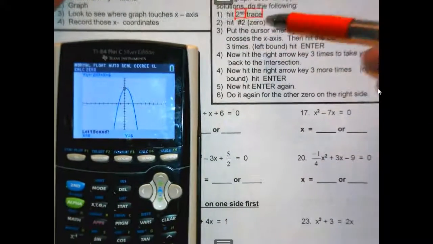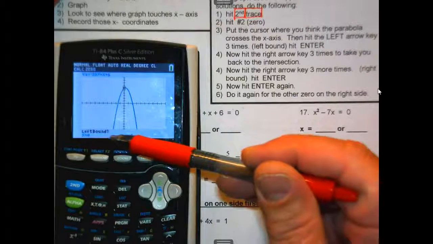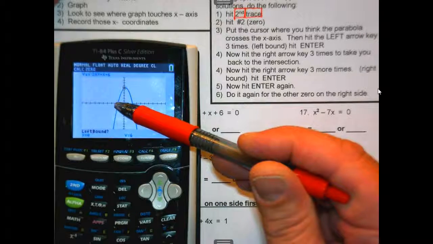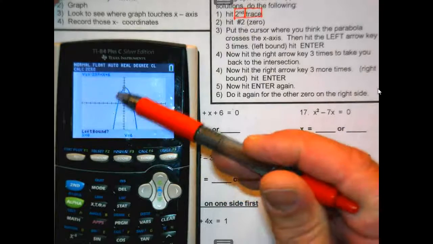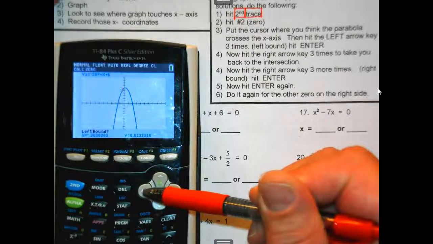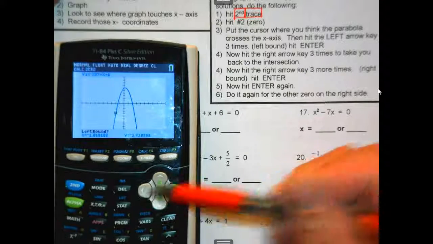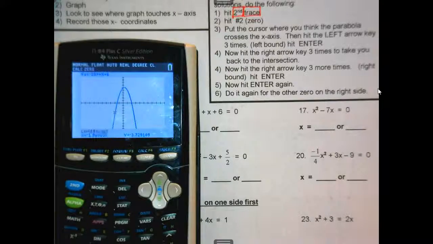And it's asking me, where do you think the parabola crosses the x? Enter, then hit the left arrow key. See how it's asking me left bound? I have to be to the left of this point. So I'm going to use my arrows, bring my cursor to the left of the 0, and that's my left bound, so enter.